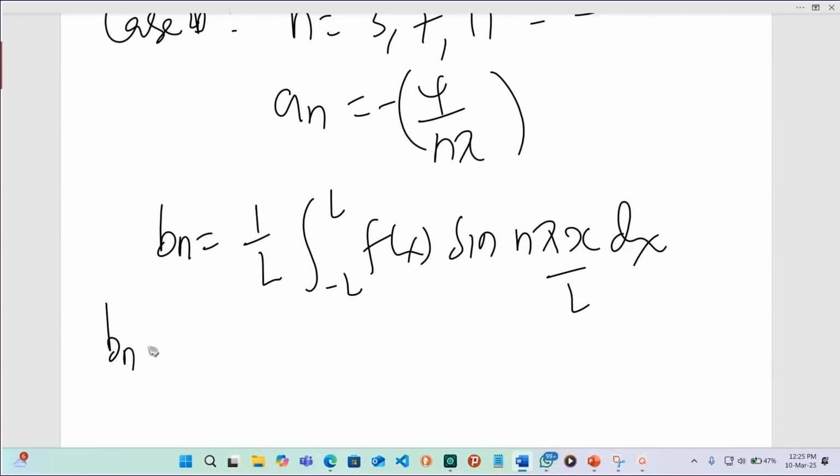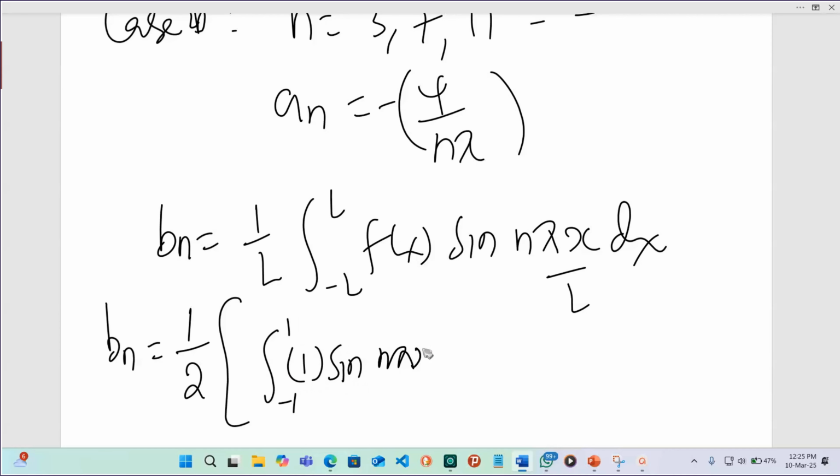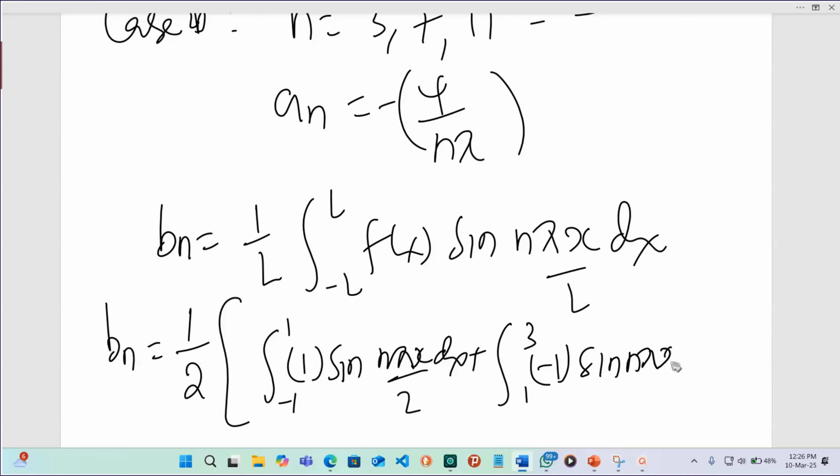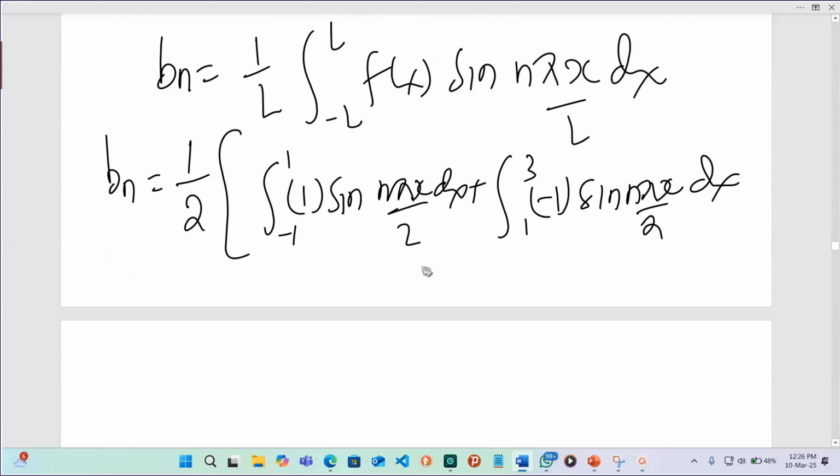So b_n is equal to 1 over 2, integrating from negative 1 to 1 of 1 times sin(nπx/2) with respect to x, then integrating from 1 to 3 of negative 1 times sin(nπx/2) with respect to x.